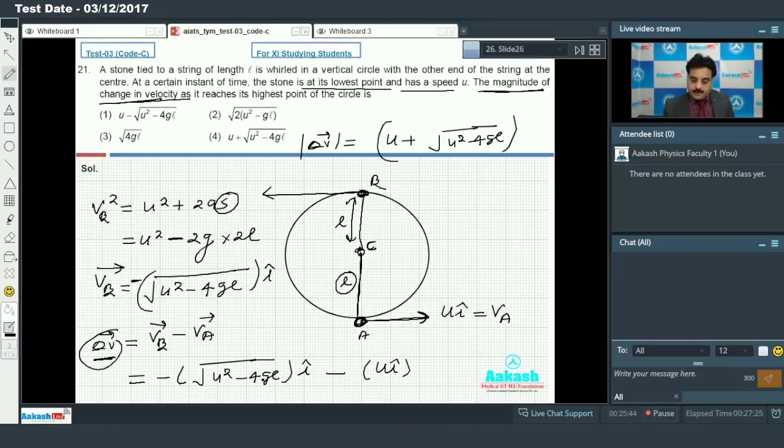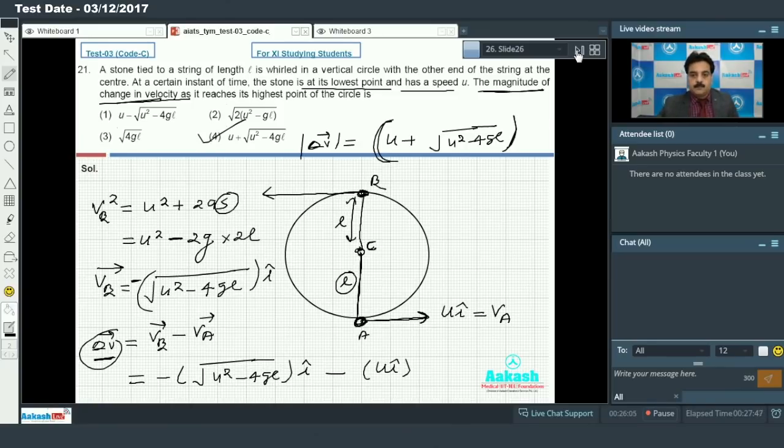Because कोई confusion नहीं है, i cap दोनों में है, i cap को आप कॉमन ले सकते हो, और उसके बाद मैग्नीट्यूड जब सॉल्व करोगे तो रूट कोफिशिएंट ऑफ i cap एंड कोफिशिएंट ऑफ i cap होगा u square minus 4gL and minus u i cap. So then you will get this. So my option number 4 is correct.